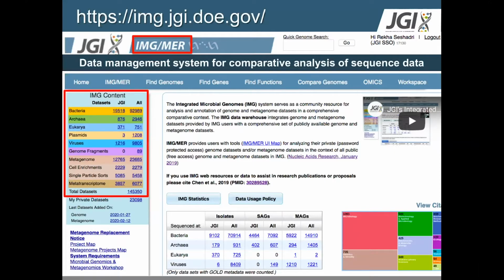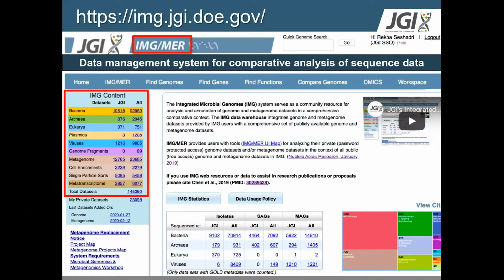So you'll see here, data sets that were generated by the JGI. For isolate genomes, we do go to GenBank and periodically update public isolate genomes from GenBank or from RefSeq. In terms of metagenomes, we have, again, primarily JGI generated data, but we also have public metagenomes, things from the Human Microbiome Project, for example, and some other genomes.